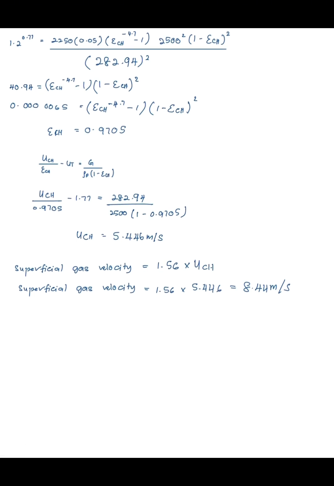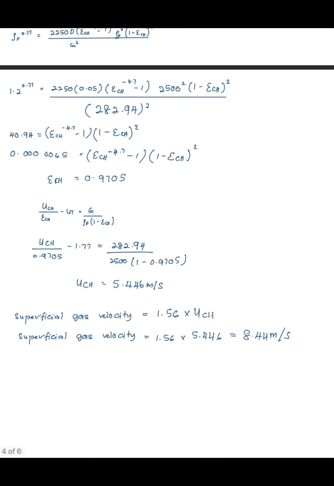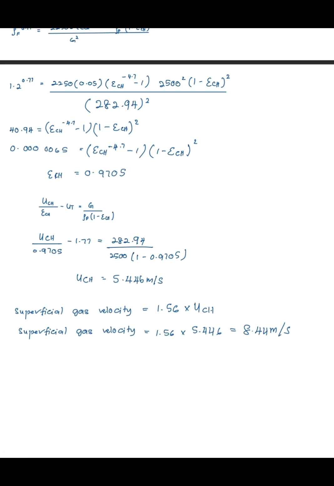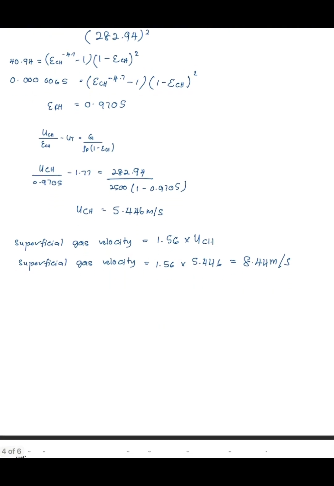Once we get the voidage of choking, we will substitute it back into equation 8.1. Therefore, we get the velocity of choking, which is 5.446 meters per second. But the answer we get is a prediction of the choking velocity.